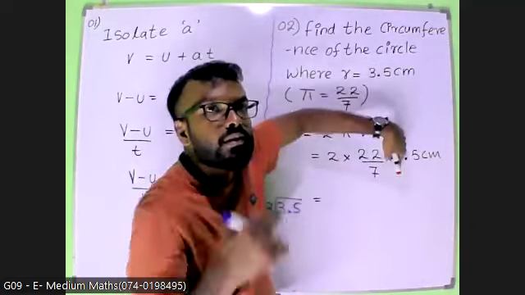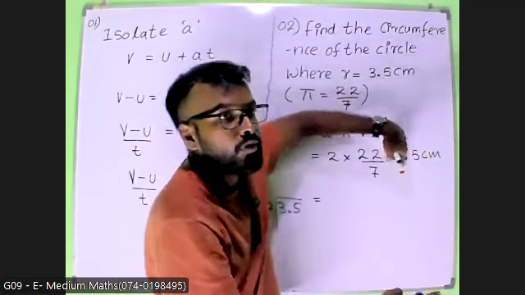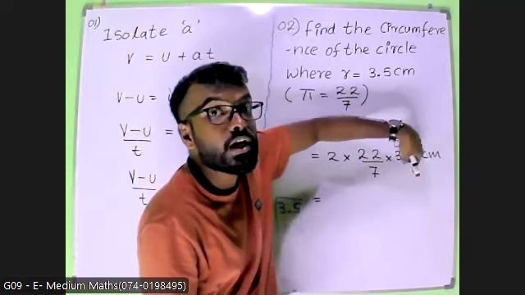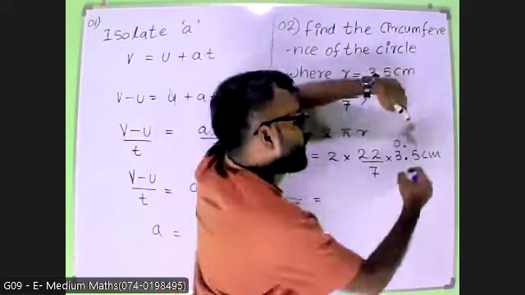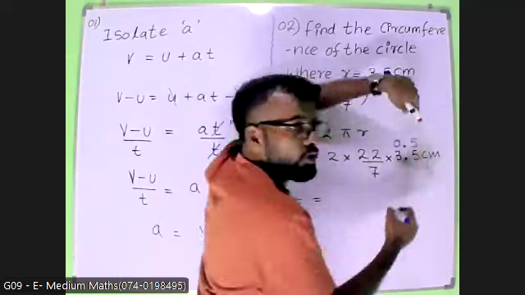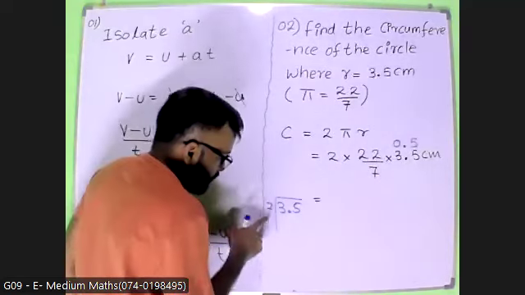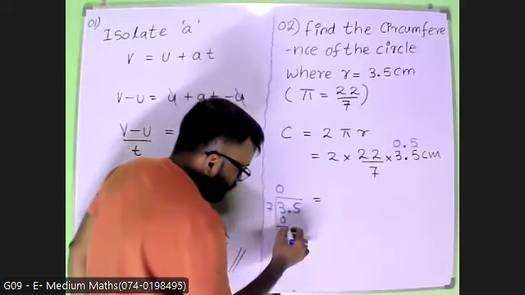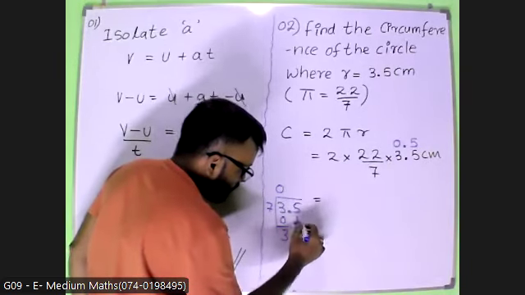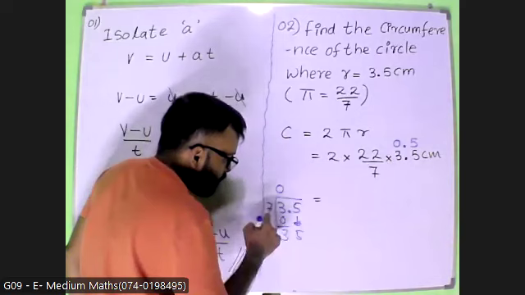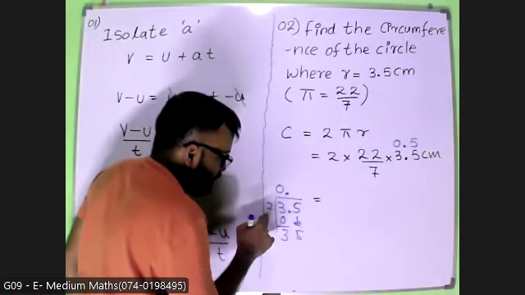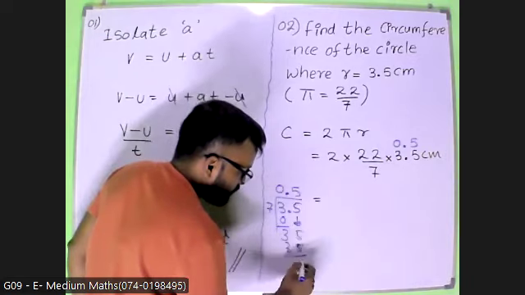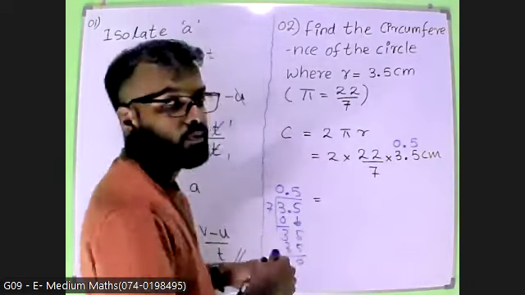Now take 3 down, as well as 5. 35. 7 times 5 is 35. The remainder is 0. Okay, 0.5.